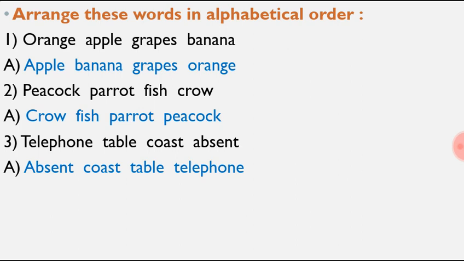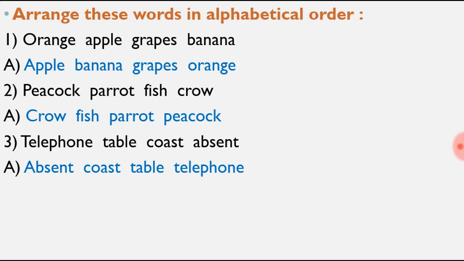Okay. So now let us move to the third example. Telephone, table, coast, absent. So again, like the second example, here there are two spellings which start from the same letter. So again we will check out the second letter. So here we will first write absent, that is the word which comes first, then after comes coast, then after table. Why?